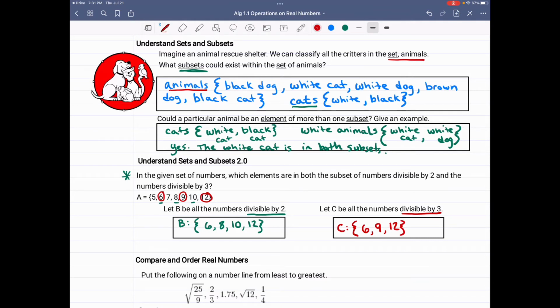And we see that here as 6 is right here, and 12 is also in both sets. So which elements are in both? 6 and 12. And I didn't put a box there for you, so just go ahead and draw a box.